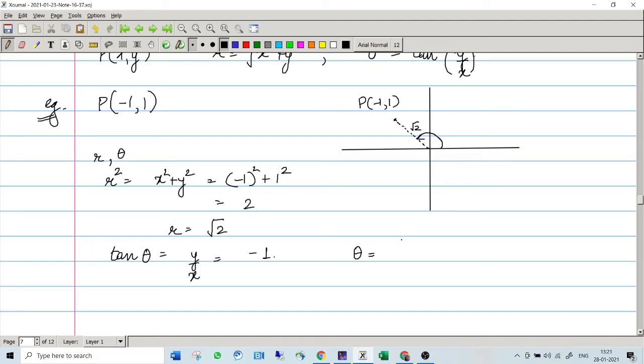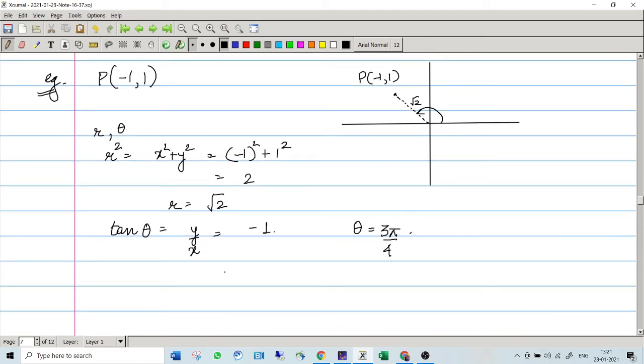Theta is going to be, isn't it, 3 pi by 4. So you have your point P, which was minus 1 comma 1, now as root 2 comma 3 pi by 4.